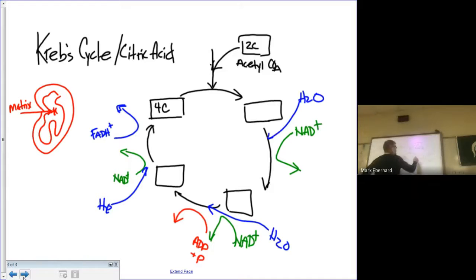And so we have this 6-carbon molecule, which is called citric acid. I only give you the name this time because that's where the name citric acid cycle comes from. So it is the citric acid cycle, or also the Krebs cycle after the dude who figured it out. So the 4-carbon molecule right here picks up the 2-carbon molecule that comes from the link step. Let's note that that's coming from the link step.